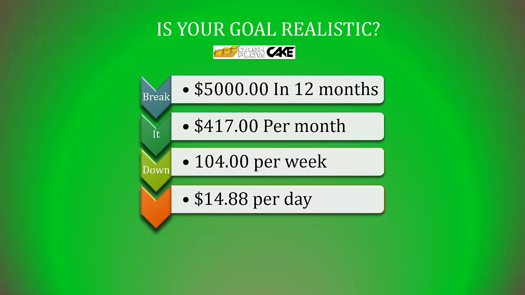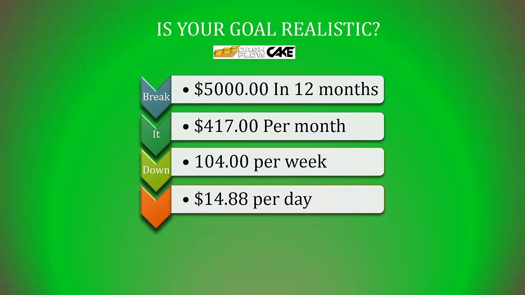So take a look at your assets, take a look at your bills, and say, after my liabilities are paid, do I have at least $14 per day to put aside? Do I have that $104 per week? Or can I even afford $417 extra per month?